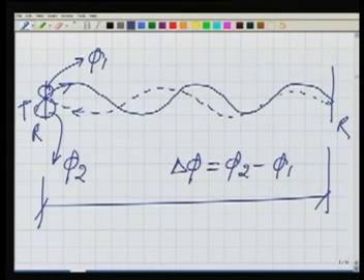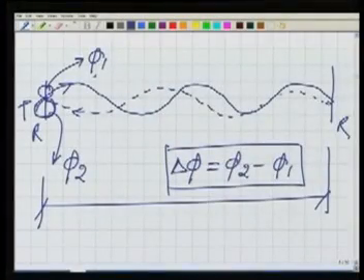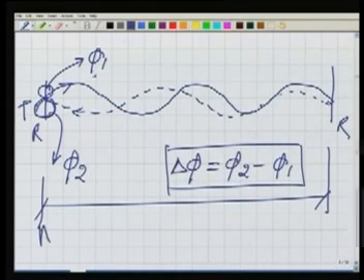Whatever is the value of phi 1, the phase at which the wave is leaving this transmitter, and at the same time the wave which is coming back to the receiver, whatever its phase, the value of phi 2, the difference of these two will be always constant, because the distance between these 2 points, let us say A and B, is not changing.